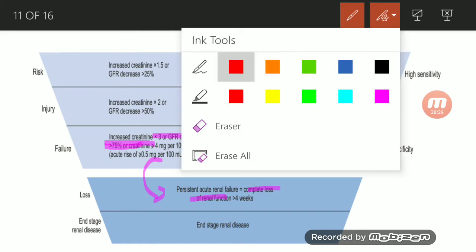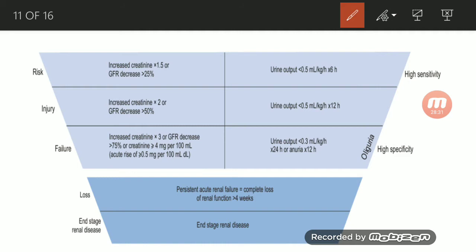End stage renal disease is when your loss of kidney functioning reaches an advanced state, and your kidney can no longer do its normal work.